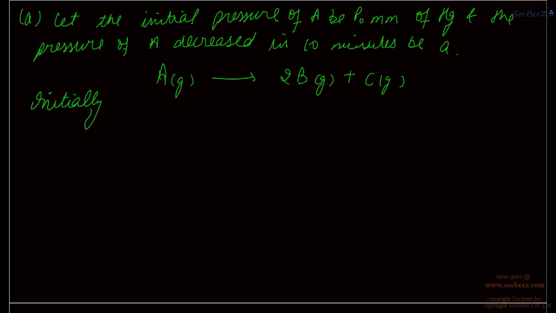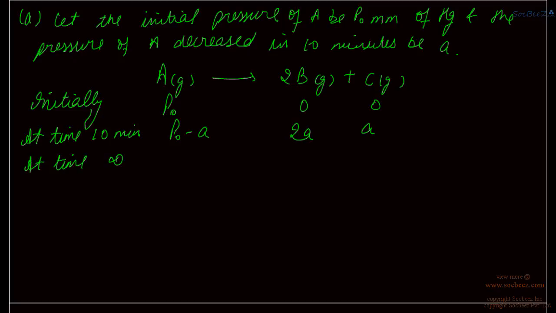Therefore, initially A has the pressure P0 and B and C have zero pressure. At time t, at 10 minutes, A has a pressure P0 minus a, and the pressures of B and C are 2a and a. At time infinite, the pressure of A is 0, the pressure due to B is 2P0 and that of C is P0.